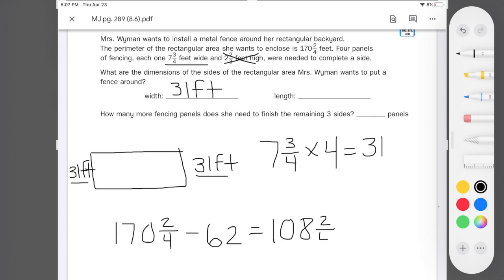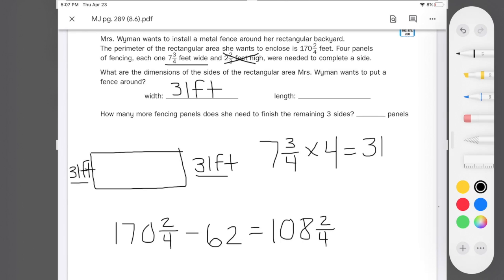That doesn't quite answer our question, though. So if we have 108 2/4, that tells us what the total amount of both of the lengths are. We're going to have to figure out how to split that in half. Now, you could do that the best way you feel possible, and I feel like probably the best way is to guess and check. What do you think half of 108 2/4 would be?